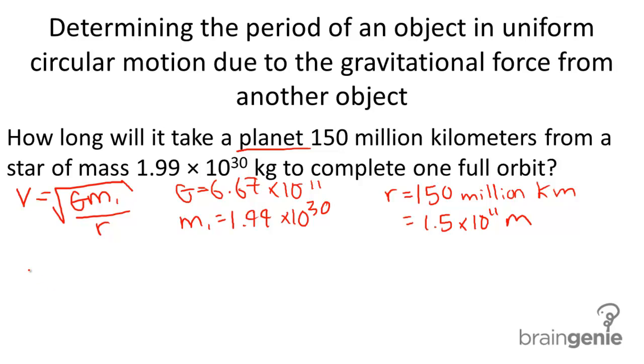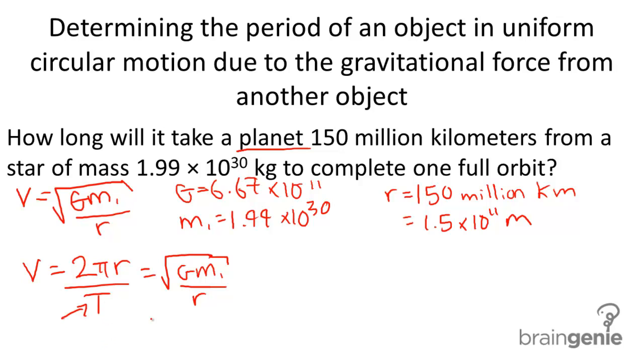We also know that for uniform circular motion, velocity is equal to 2 pi r divided by the period T. So what we can do is set these two equations equal to each other, and we can isolate and solve for T. Once we manipulate this formula, we get T equals 2 pi r to the 1.5 divided by the square root of G times m1.